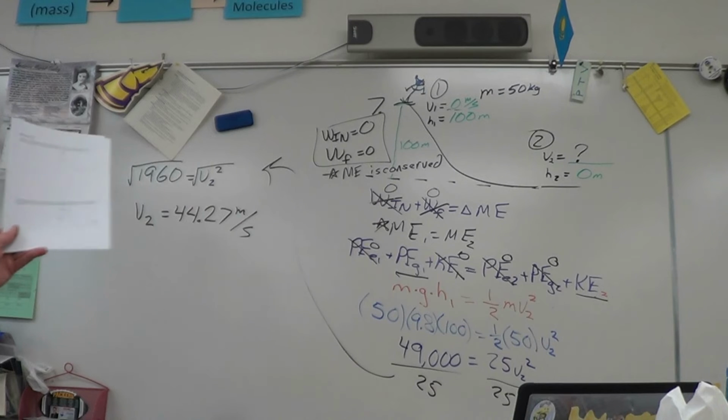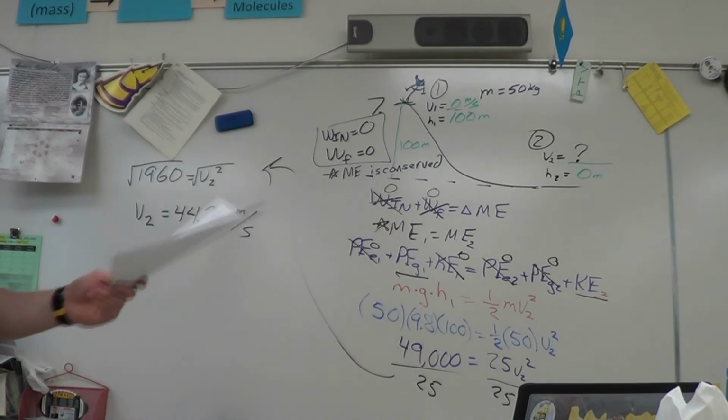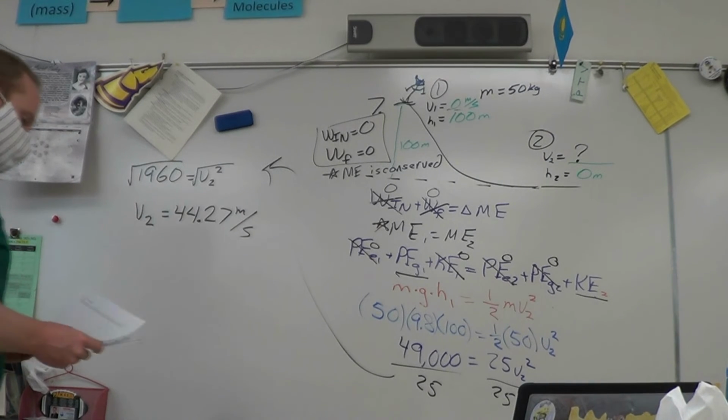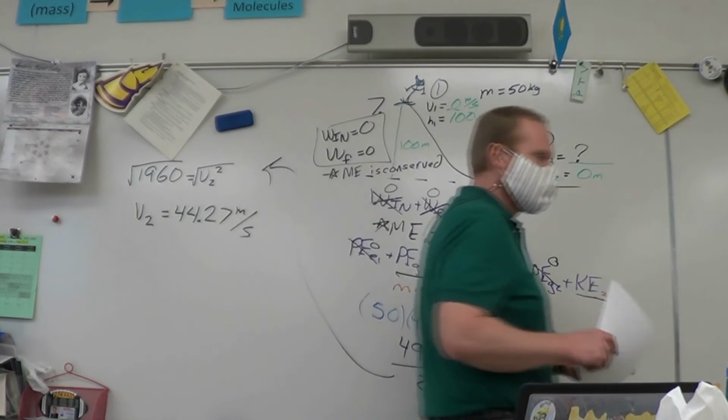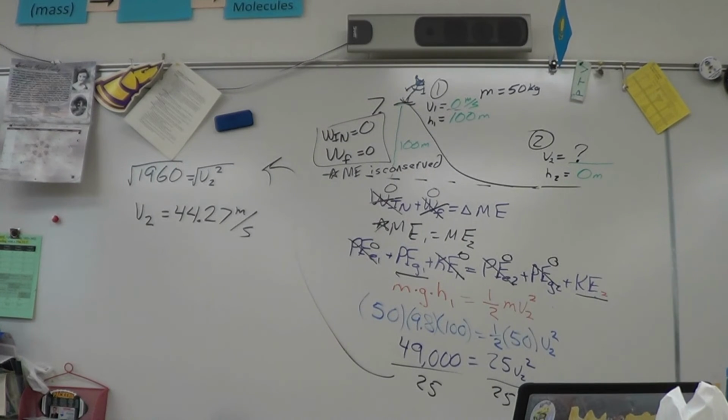I started you off by drawing a picture. Take that picture, add some V's, add some H's, add some M's to it. Determine if there is work in, determine if there is work done by friction, and if there is no work in, and no work done by friction, then it's a special type of two-location problem called conservation of mechanical energy.